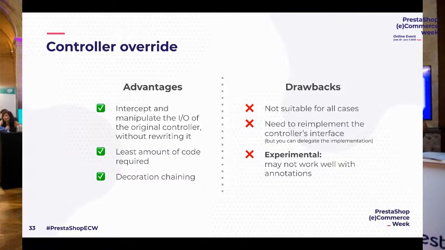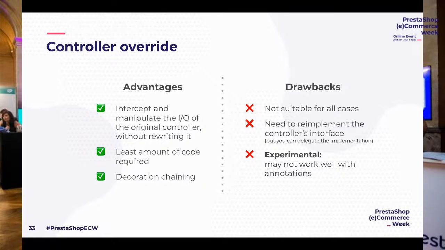This, of course, has some drawbacks, which is, for example, it's not suitable for all use cases. Some use cases are more easily performed using one of the other techniques. It also forces you to re-implement the controller's interface, so all the public methods have to be re-implemented again, even if you can delegate them to the original implementation.